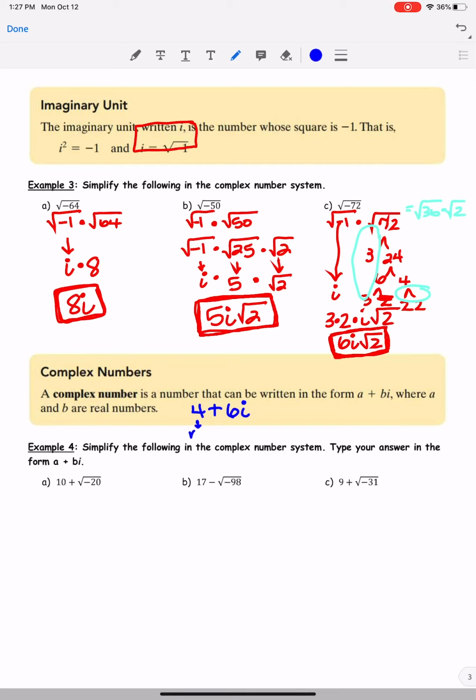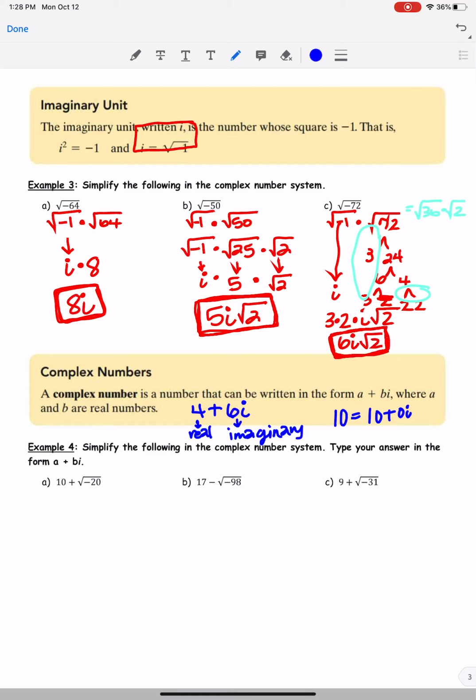You've got your real component and your imaginary component. We have technically been dealing with imaginary numbers our entire lives, because you can also write 10 as 10 plus 0i.